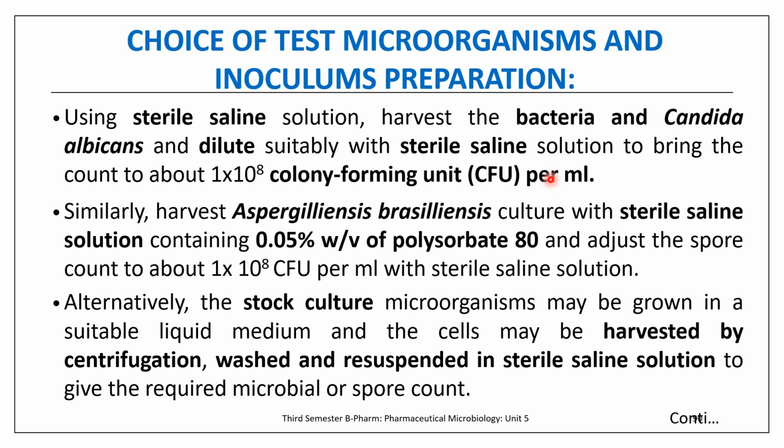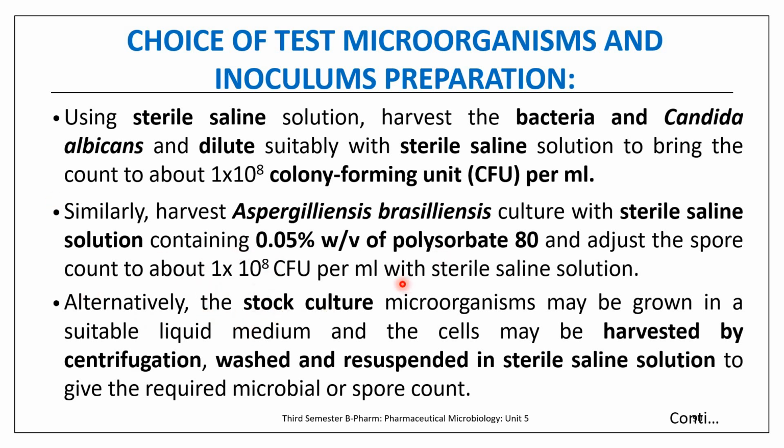For bacteria, and for fungus also, we have to dilute the Aspergillus brasiliensis in sterile normal saline containing 0.05% polysorbate, which is a surfactant used to homogenize the solution, to get a growth of 10 raised to 8 colony forming units per ml.